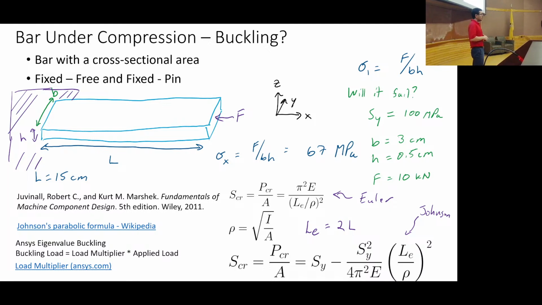There are a lot of systems that we design where there are compressive stresses involved, and even though we might be below the thresholds of the stresses that we're calculating, we may need to increase the cross-sectional area so that we avoid the possibility of buckling as failure.